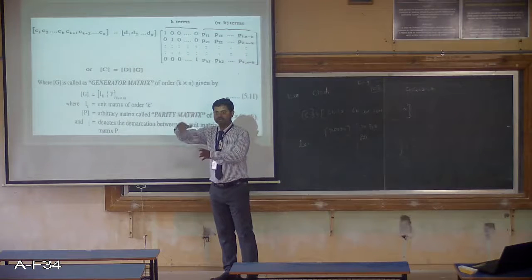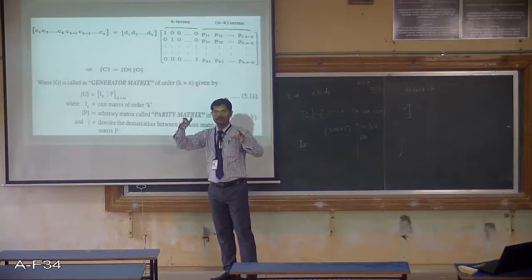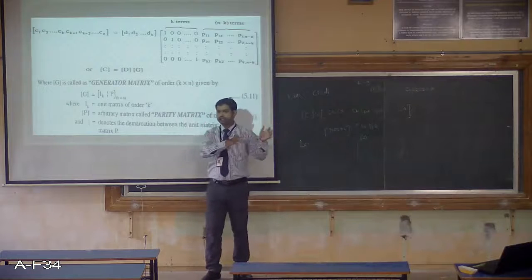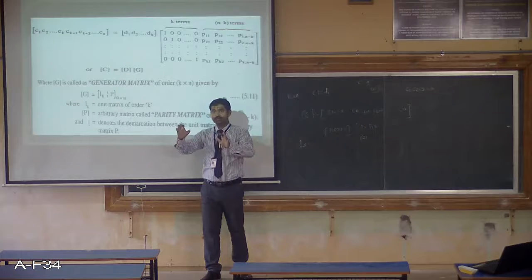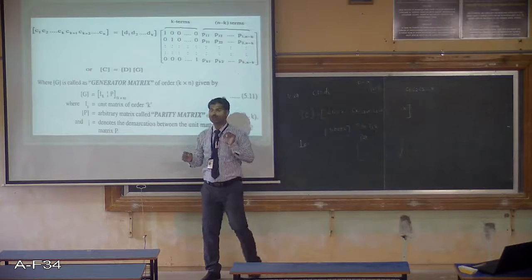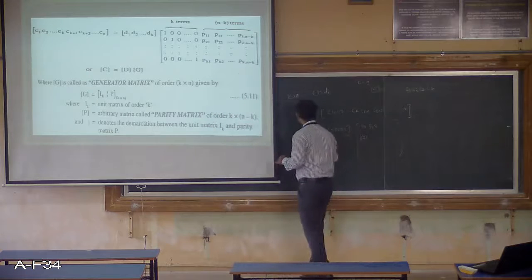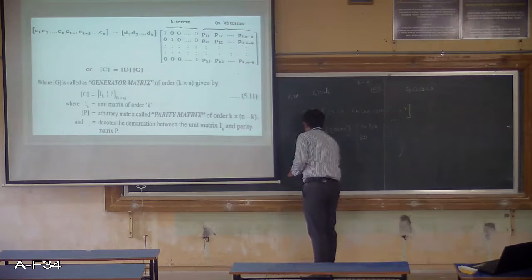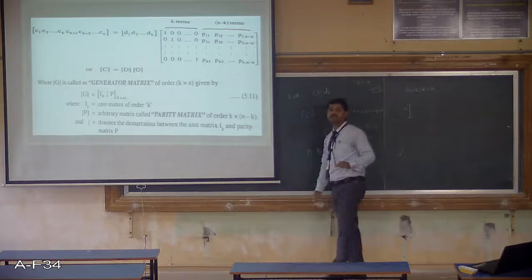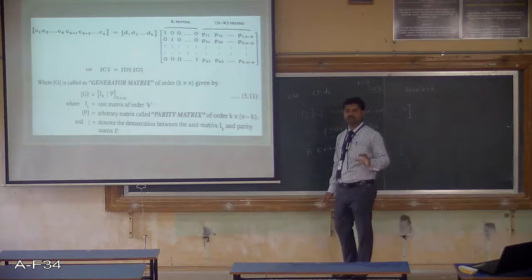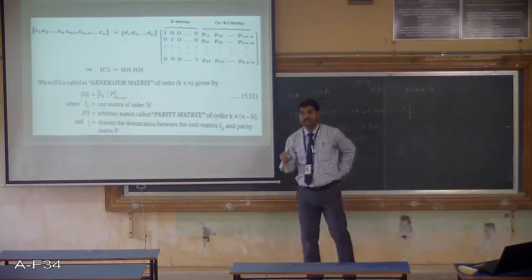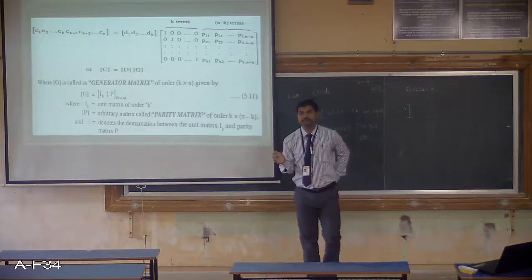How many columns? Total columns are n, but now just leave that k. Remaining columns are n minus k columns. So the order is k into n minus k, right?